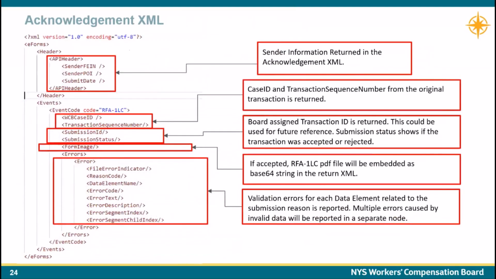So XSD schema definition will be available on the board's website. Sender is expected to perform a self-validation of XML using the schema definition before sending the XML to the board. Keep in mind that XSD is only validating the structure, data integrity, and data type. Other element rules are performed during the API processing.